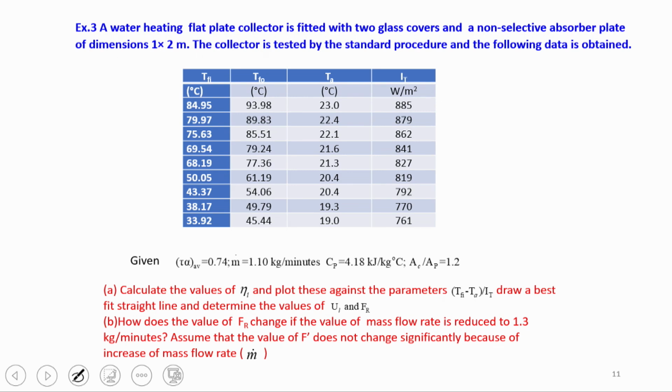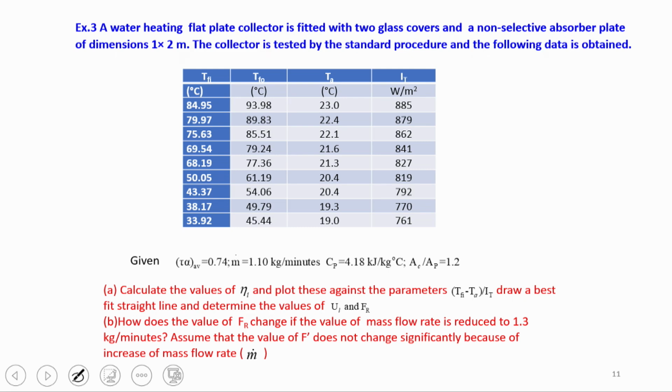A water heating flat plate collector is fitted with two glass covers and a non-selective absorber plate. So no selective plate is there, and the dimensions are given, and the collector is tested under standard procedure, and the following data are generated. So you know TFI, TFO, then TA, IT, all these values are given.